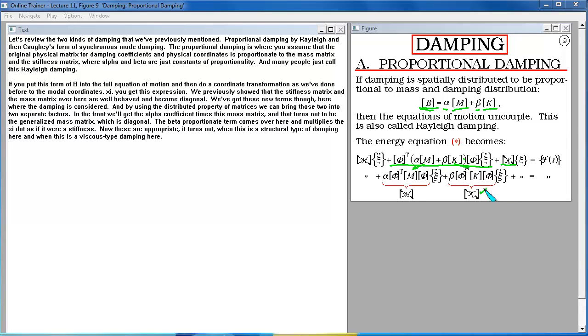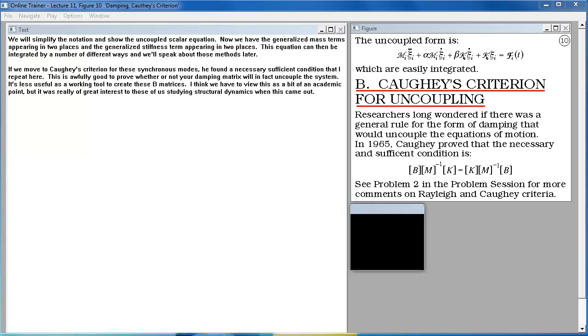Now, these are appropriate, it turns out, when this is a structural type of damping here, and when this is a viscous type damping here. We will simplify the notation and show the uncoupled scalar equation.